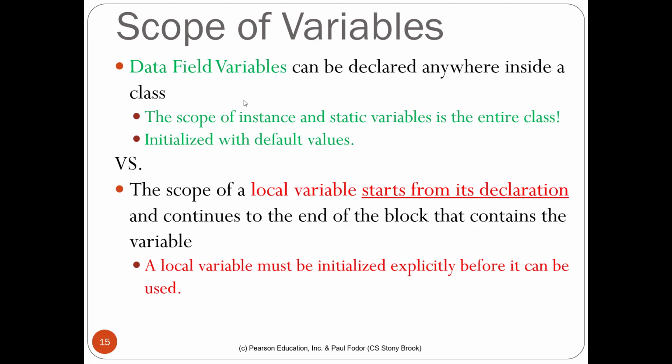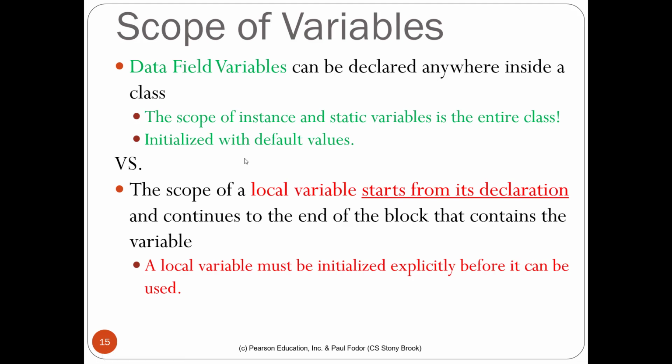Once the radius has been declared in your class, it has scope throughout the class. You can access that data member from anywhere inside your class. So data field variables can be declared anywhere inside a class, and the scope of instance as well as static variables is the entire class, and they are initialized with default values.